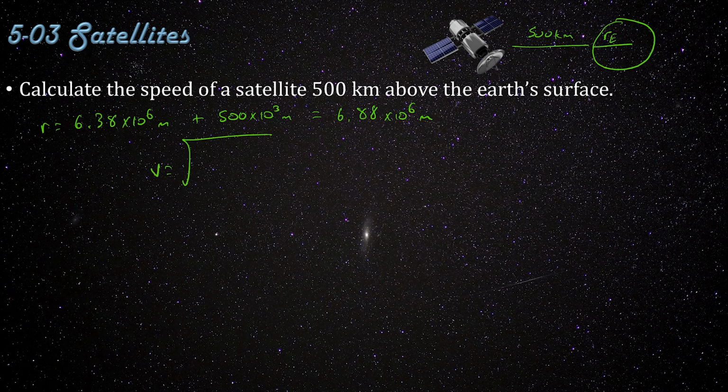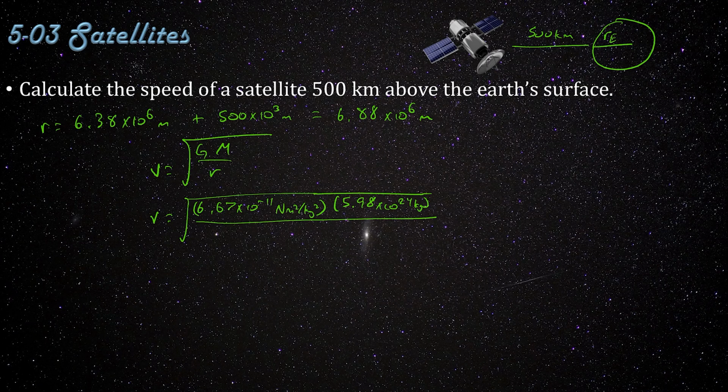Well, v is the square root of GM over r. G is 6.67 times 10 to the negative 11 newton meter squared per kilogram squared. We're orbiting the Earth, so the mass would be the mass of the Earth, which is 5.98 times 10 to the 24 kilograms, all over our orbital radius, 6.88 times 10 to the 6th meters.